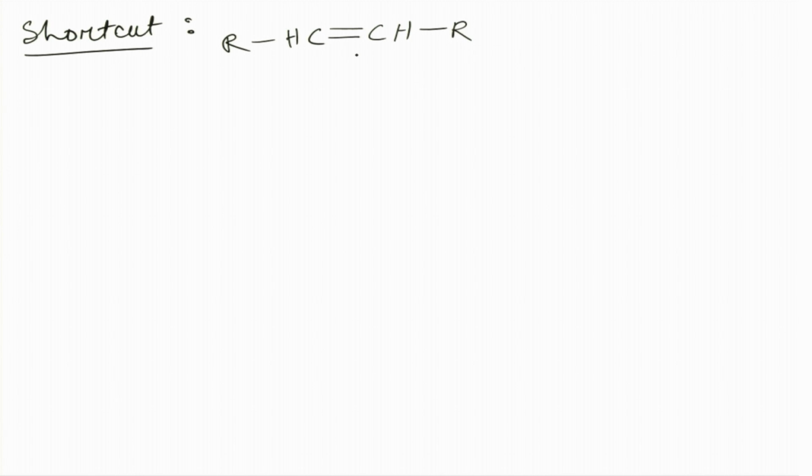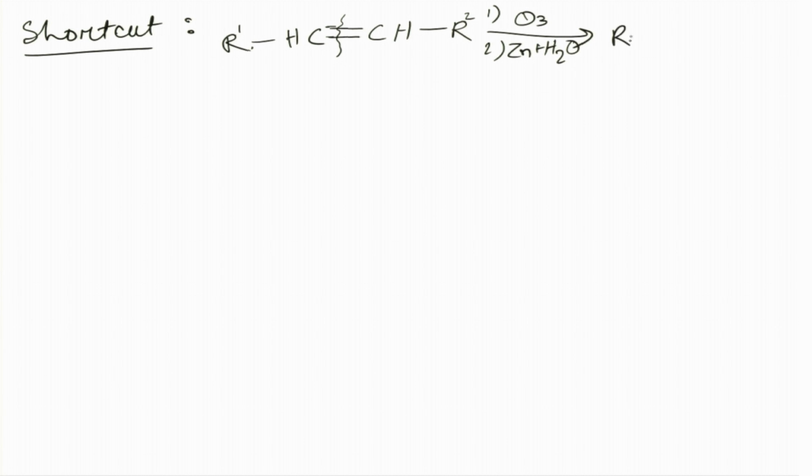When we have ozonolysis and after that we are treating with zinc and water, the trick is to cleave the double bond and add a double bonded oxygen to each carbon of these double bonded carbons. Let's say this is R1 and R2. So we will cleave the double bond and add a double bonded oxygen to each carbon.